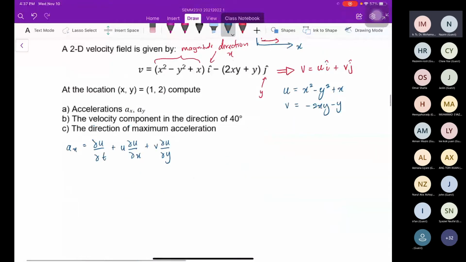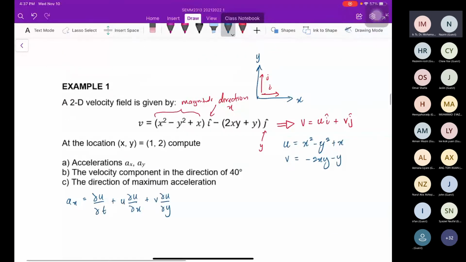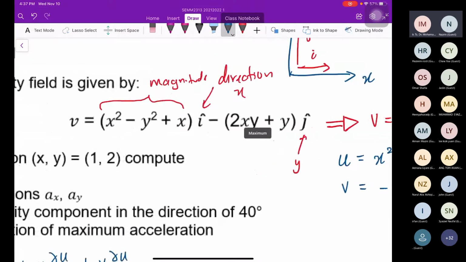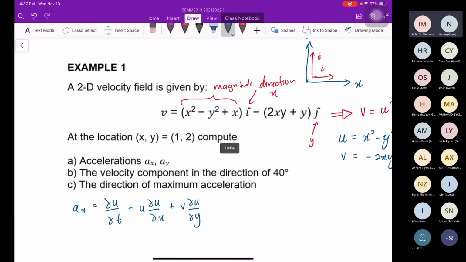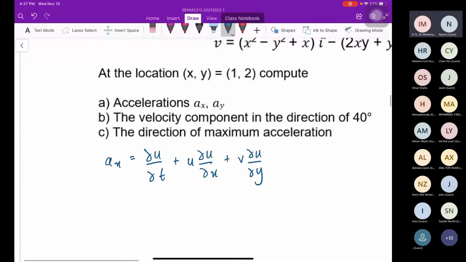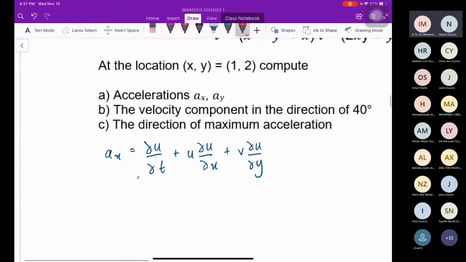Since we have no time component, the velocity is not a function of time. That means there is no change of property over time, so we can cancel out this term, equal to 0.